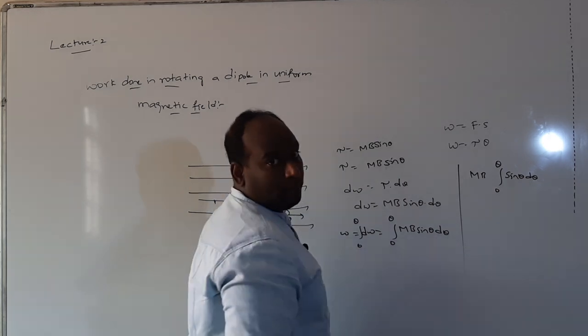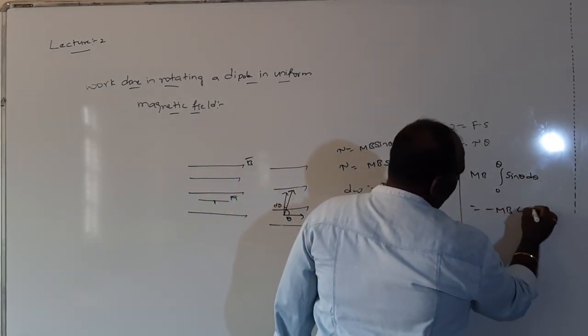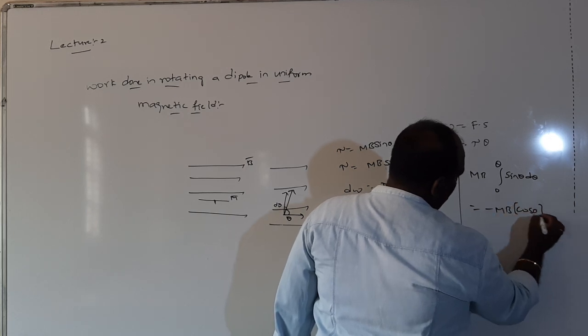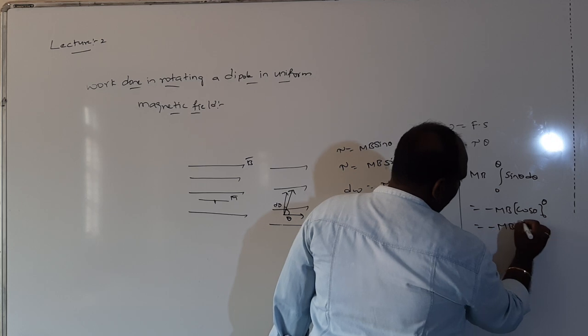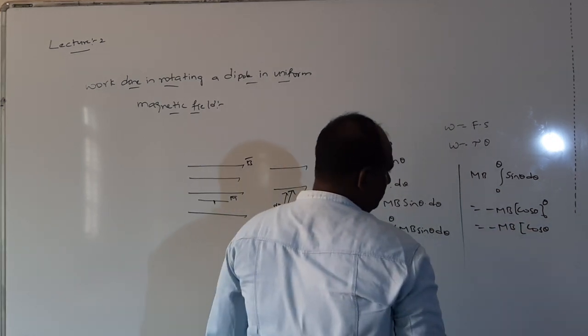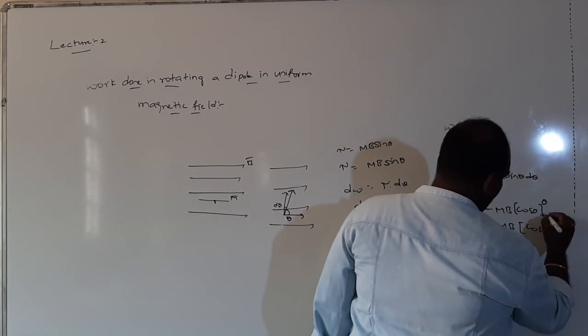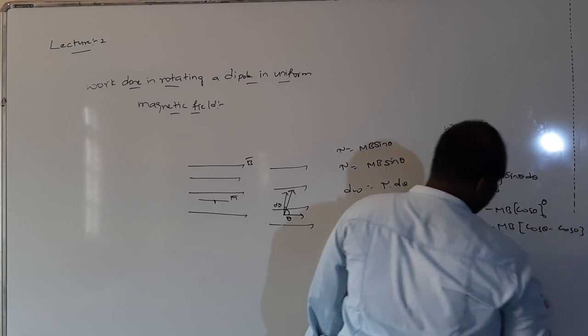The integration of sin theta is minus cos theta, so I can write minus MB cos theta from 0 to theta, that is minus MB, cos theta minus cos 0.